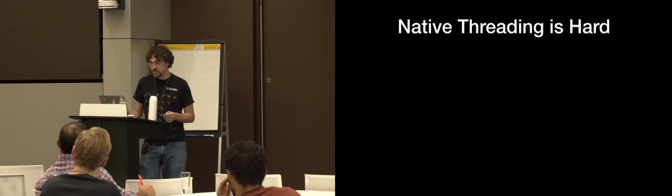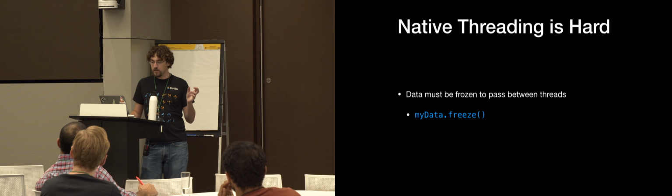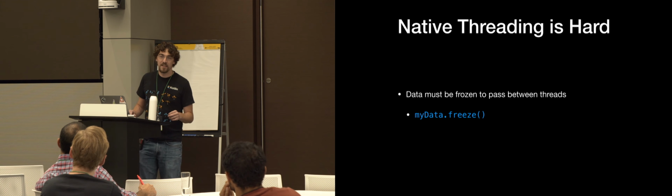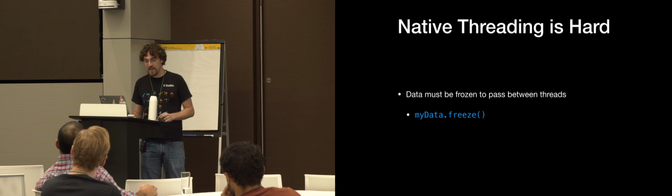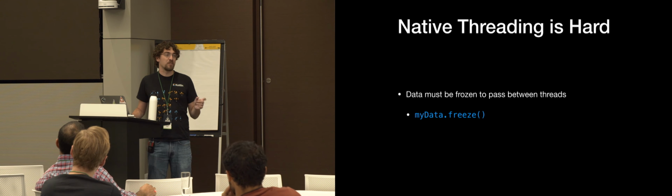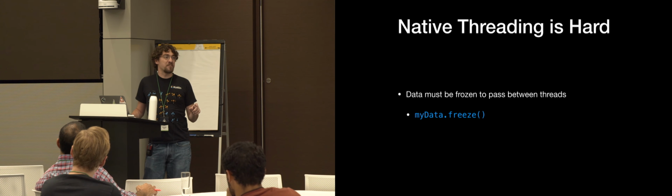The way they enforce all of this is that they have this concept of freezing an object, which is a hardcore version of immutable. An object must be frozen to be able to be passed between threads. What frozen means is that the object can never change, and anything that it references also gets iteratively frozen.